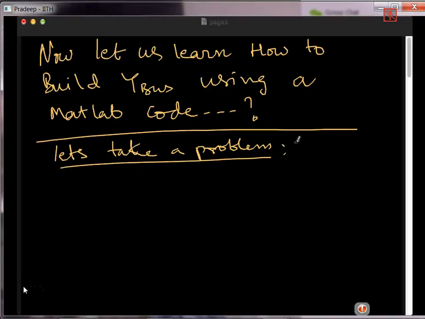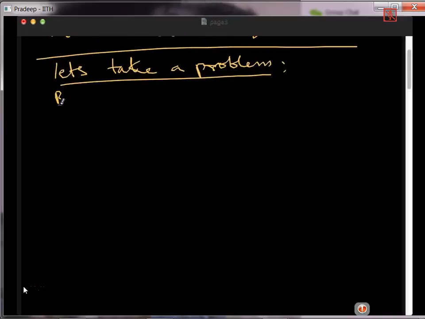So the problem is something like this. Build Y bus for this network, and the network is like this.